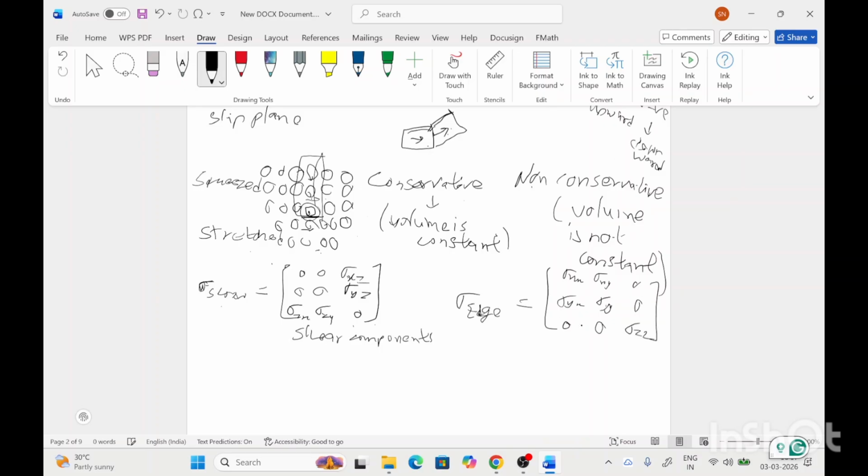So here normal and shear both components are there, because in climbing some normal forces, which result in volume change, are also required. So for edge dislocation, there are both types of components, normal and shear stress.